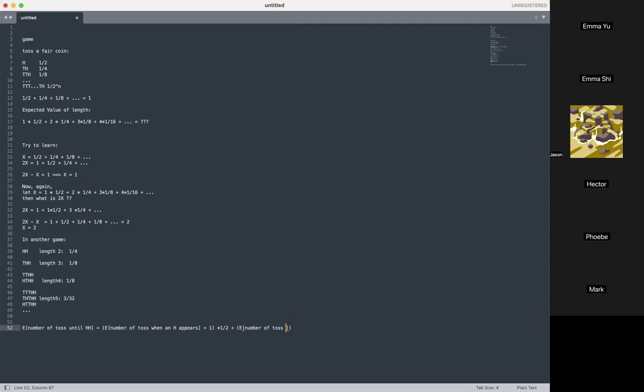So this is still E, the number of tosses when one H appears. When one H appears, we stop there. So it can be rephrased as the number of tosses until one H appears. This is also the number of tosses until one H appears.